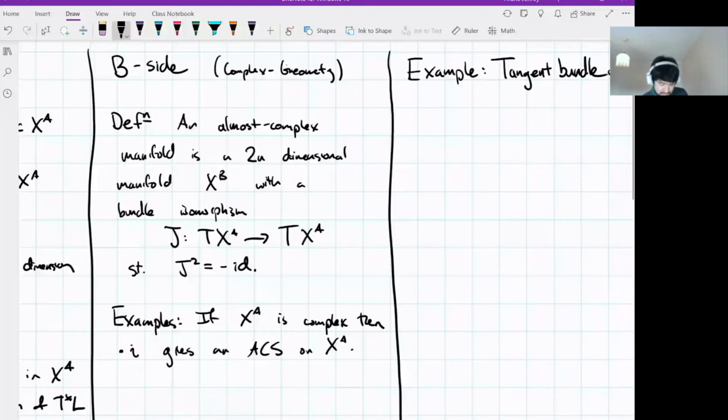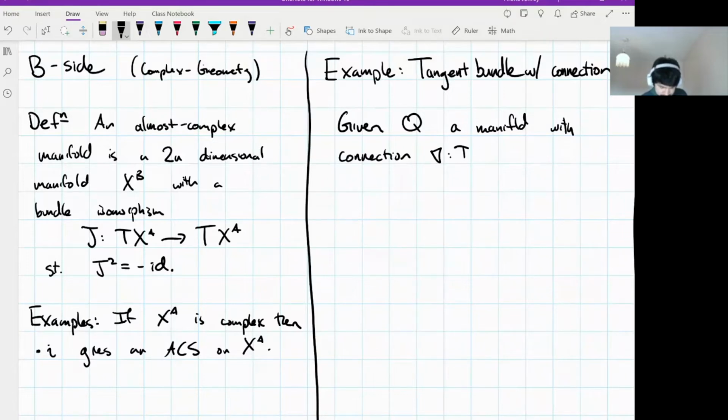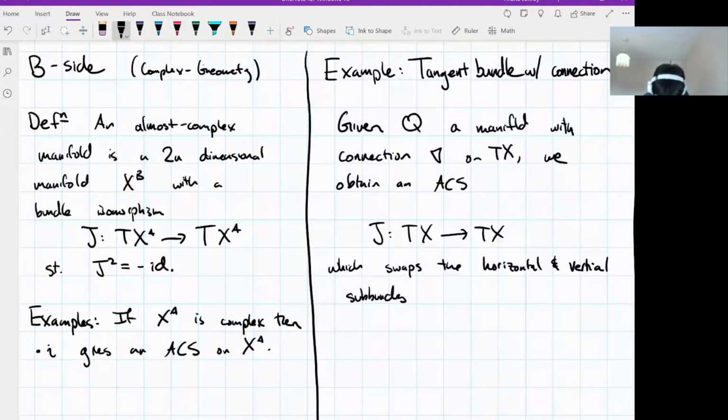So given Q a manifold with connection on TQ, we obtain an almost complex structure J from TQ to TQ, which swaps the horizontal and vertical subbundles. Sorry, J from TTQ to TTQ.